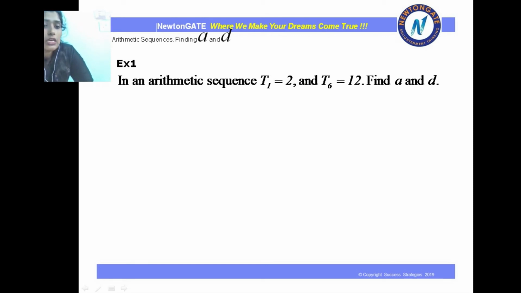Generally in this type of sums, I said 3 things are important, that is A, D and N. Out of these 3 things, 2 will always be given to you. You have to find the third variable from the formula we know for the nth term. Arithmetic AP has only 2 formulas: this one for the general term, and the one for the sum, which will come later in our video.